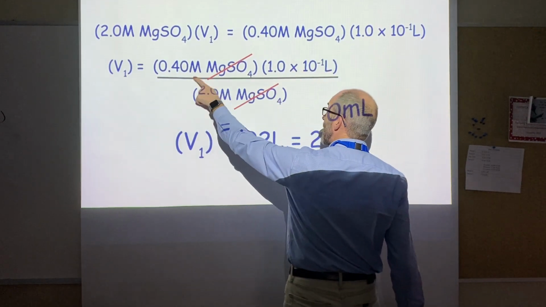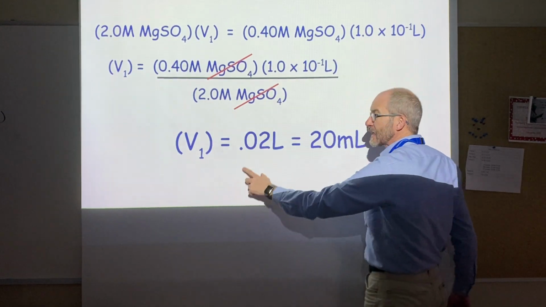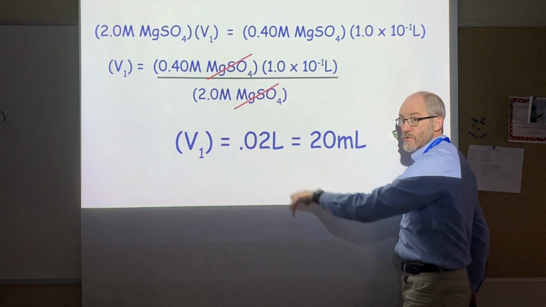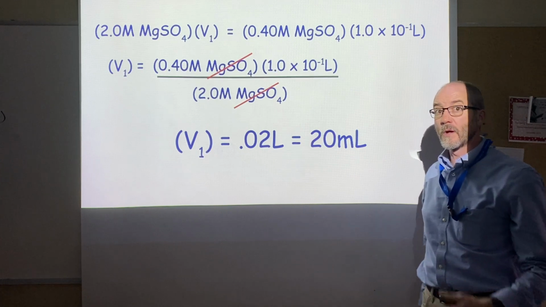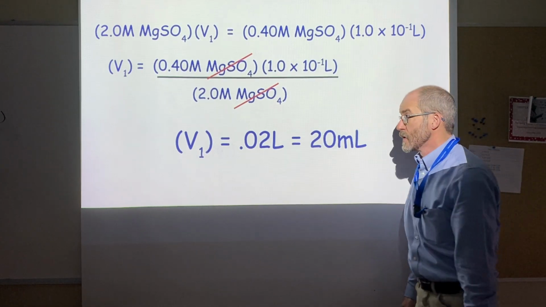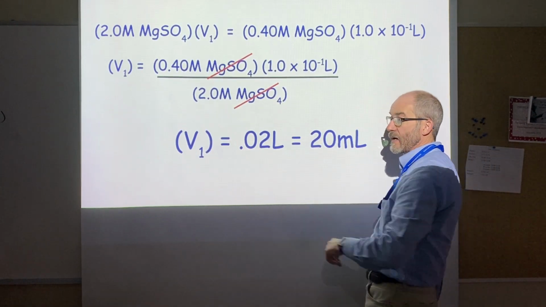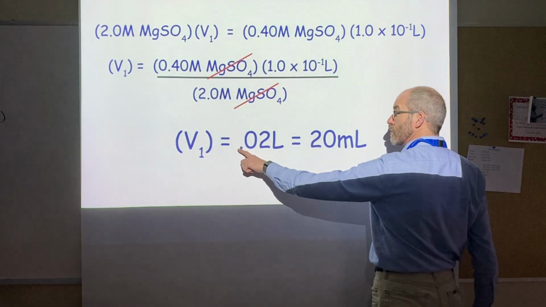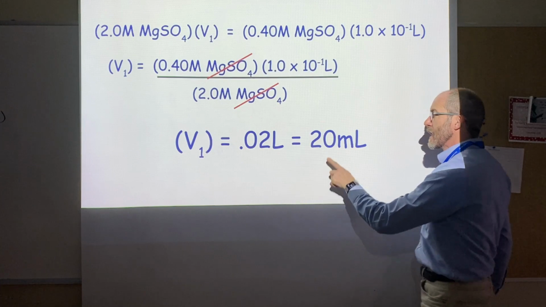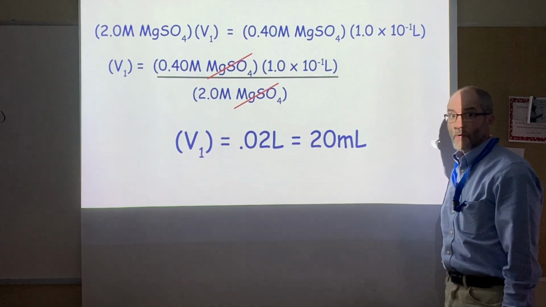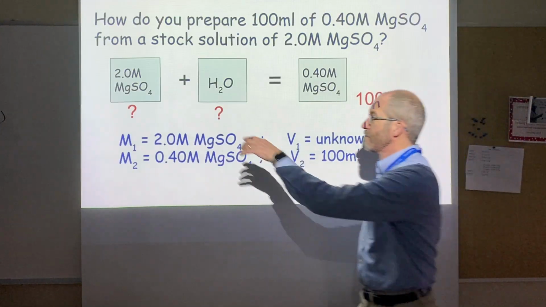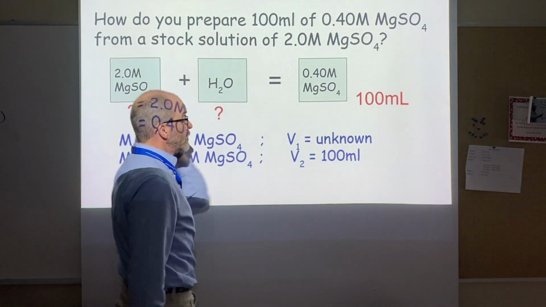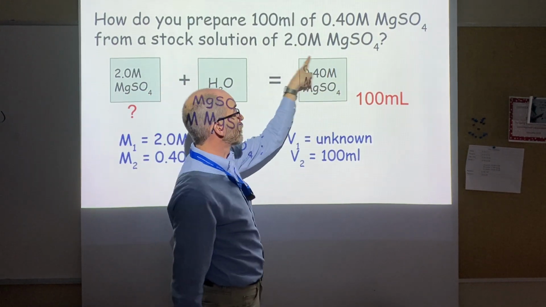When I do my math and I solve, I get 0.02 liters, but I really wanted to know how many milliliters I need. So I'm just going to multiply that by 1,000, correct? So I'm going to move my decimal place 3 places, and I'm going to get 20 milliliters. So how much of this do I need in my 100 milliliter volume?